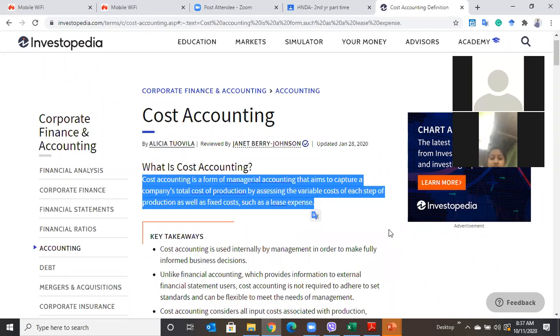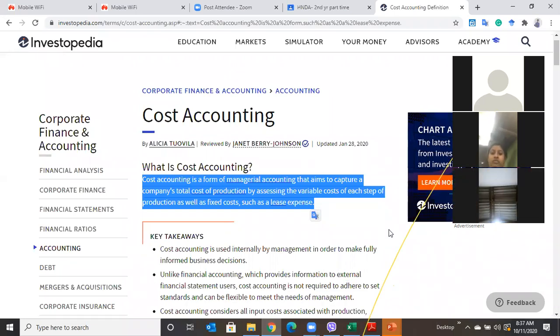On a website, I have taken this concept. Cost accounting is a form of managerial accounting.